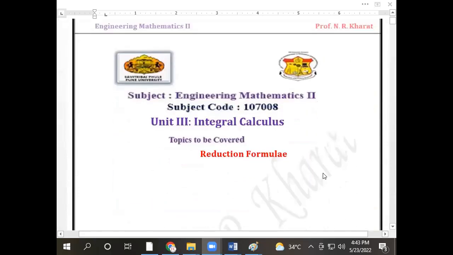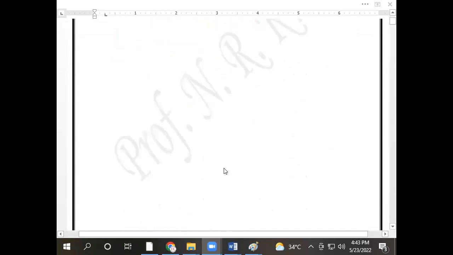Today we will cover reduction formulae, why we need the reduction formulae of some integrations, and how to reduce them in a simpler manner. So let's start.